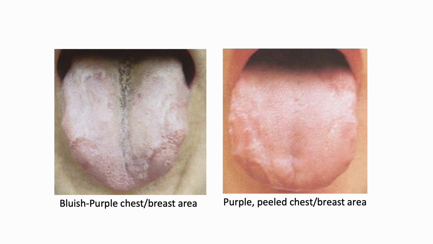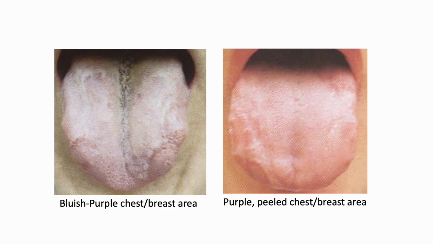Observation of the breast area in women suffering from carcinoma of the breast is an important prognostic factor because if this area is clearly purple, the prognosis is poor, whereas if it is not, the prognosis is good. A purple color in the breast area is also sometimes seen in women without any breast pathology.